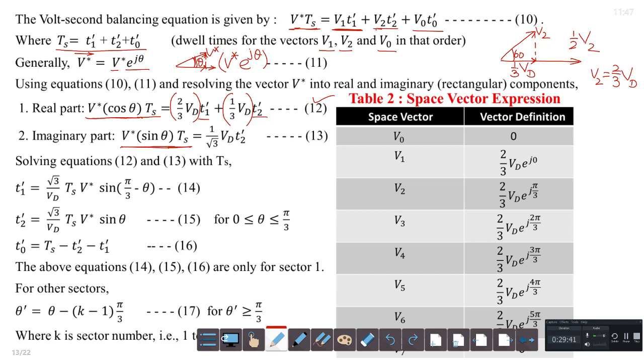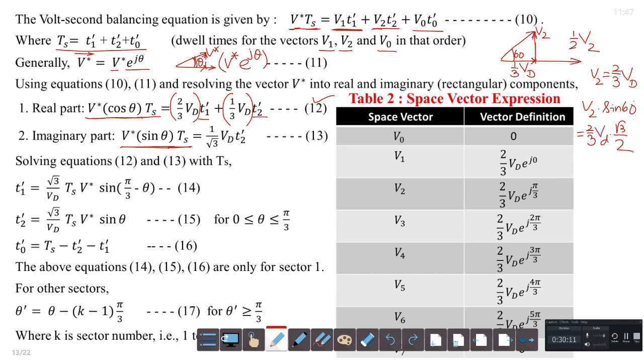Then what is the contribution of the second term? V2 is there. So, we are considering its vertical component, which is V2 into sin of 60 degrees, because the angle is 60 degrees with the horizontal axis. V2 magnitude is 2 by 3 Vd and sin 60 is root 3 by 2.